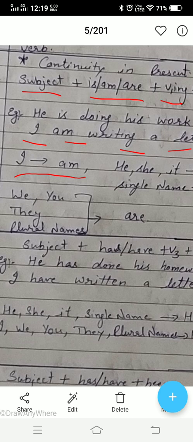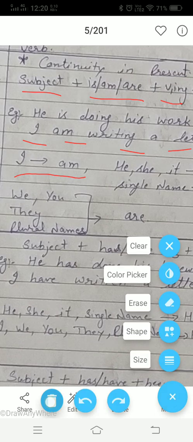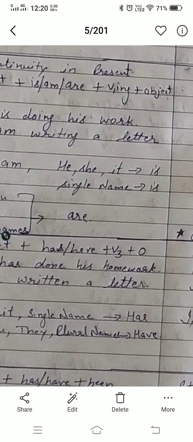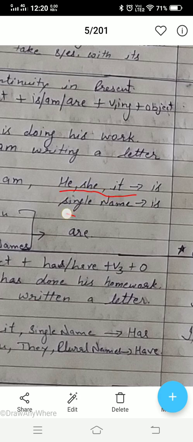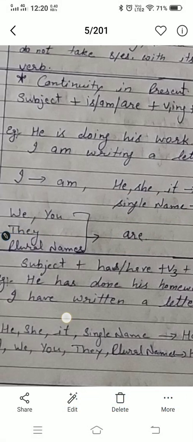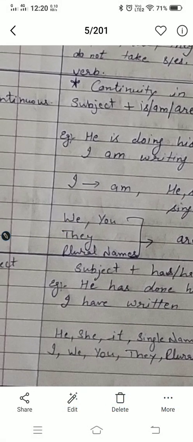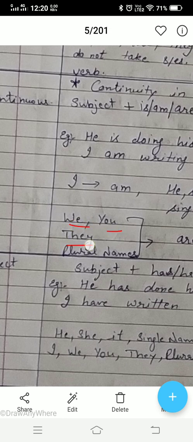Am is used with I. With he, she, it and singular name we will use is, and with plural we will use are. In plurals we have we, you, they, and plural name. These all things we will use are.